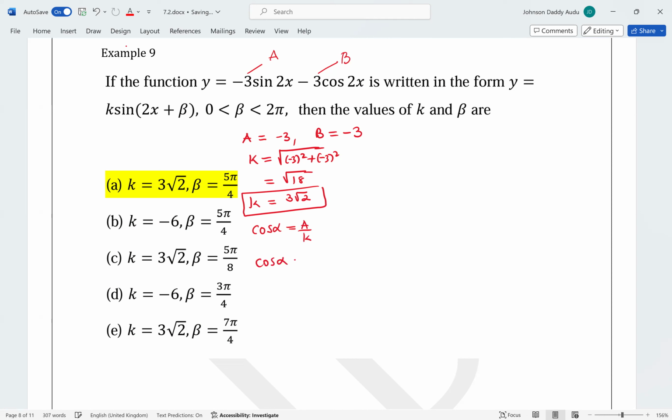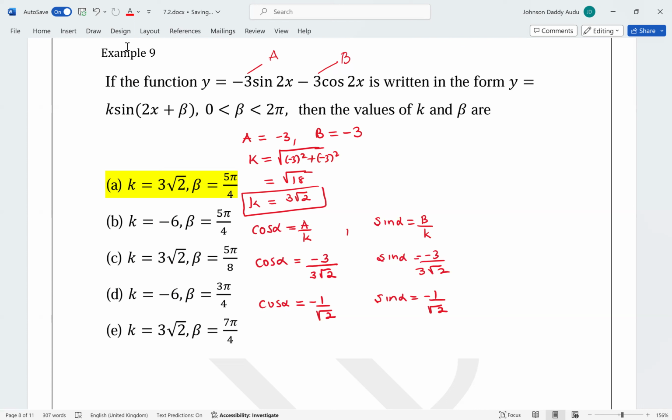So cosine of alpha is minus 3 over 3 root 2, so cosine alpha is just going to be minus 1 over root 2. In the same way, sine alpha is b over k, which is minus 3 also, because b is also minus 3. So sine alpha is going to be minus 1 over root 2.